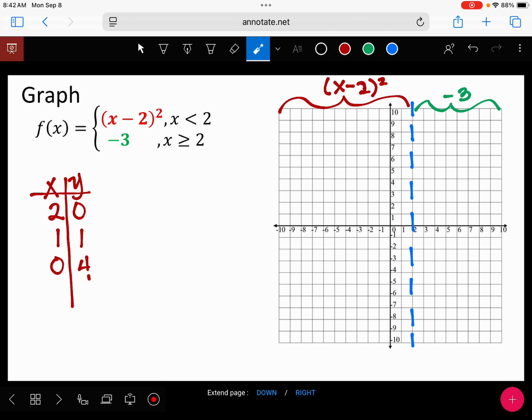And why do we know that this first one here is going to be open? Because it's not equal to. So this point and only this first point is open. So I'm going to put an open circle on my fence at 2, 0. And then I'm just going to draw my parabola. It's going to look like half of a smile.